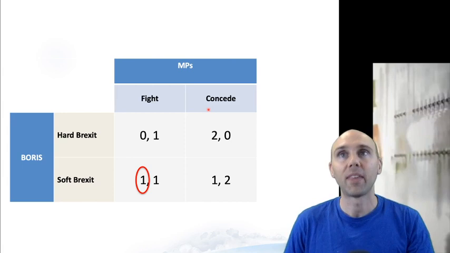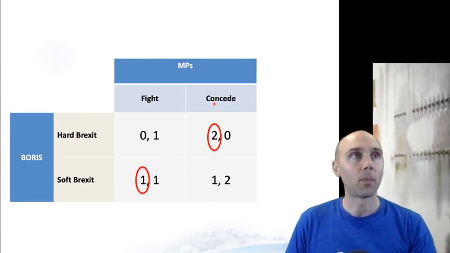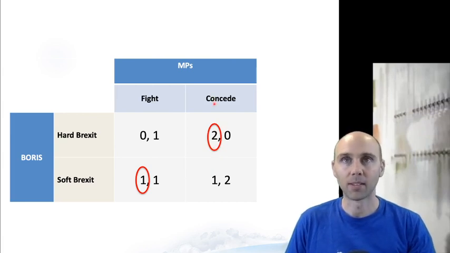So if the MPs concede, the choice for Boris is between hard or soft Brexit and the payoffs are 2 or 1. Well, 2 is better than 1, so we circle the 2, and that's the best response for Boris if the MPs concede.